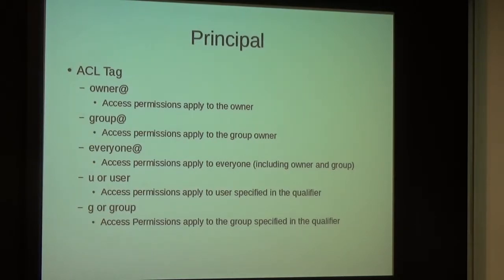The group@ says that it applies to the group owner, and everyone@ means not the traditional Unix permission everyone, but it means the owner, the group, and everyone, including the owner and the group. So it is a little different than what you traditionally think with Unix permissions. And if a U or a G is specified, then you can specify a specific user or group, so you can get more fine-grained control over the file.